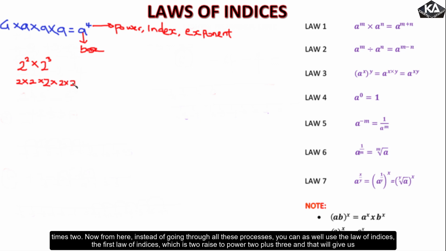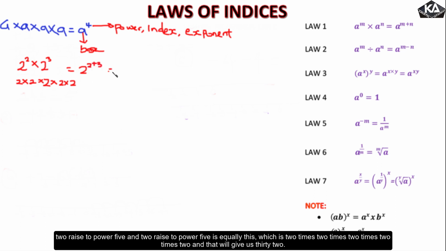Instead of going through all these processes, you can use the first law of indices, which is 2 raised to power 2 plus 3, and that will give us 2 raised to power 5. And 2 raised to power 5 is 2 times 2 times 2 times 2 times 2, and that will give us 32.